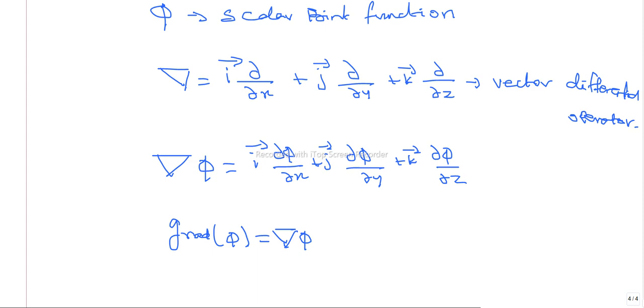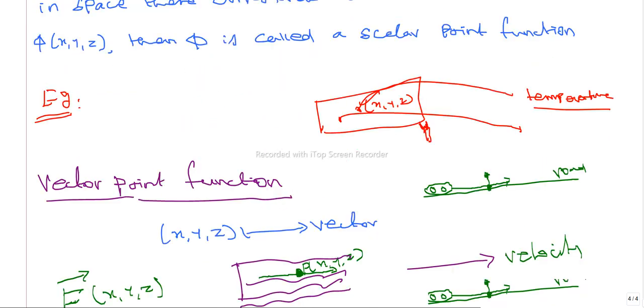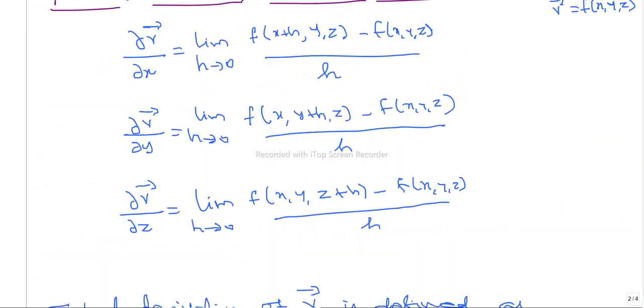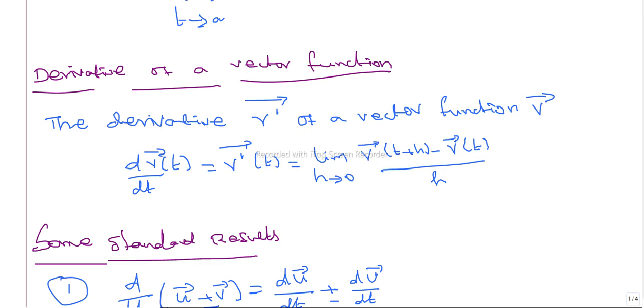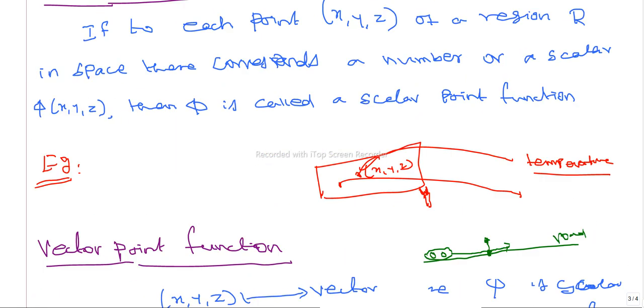Now the next definition, directional derivative of a scalar point function. In the beginning we defined the derivative of a vector function, R vector. Now for a scalar point function, we have one more meaning, the directional derivative.